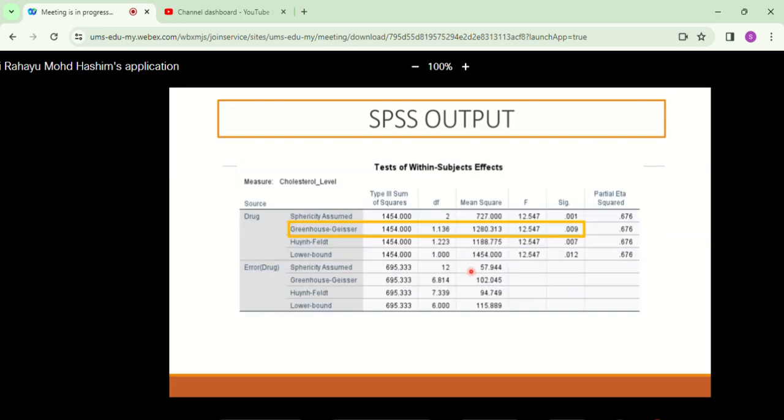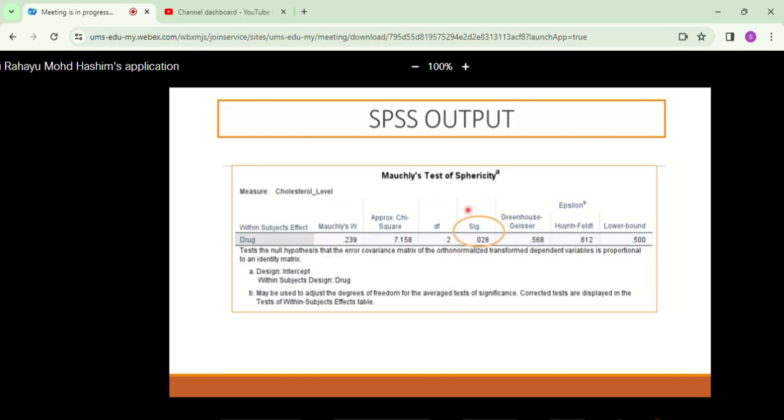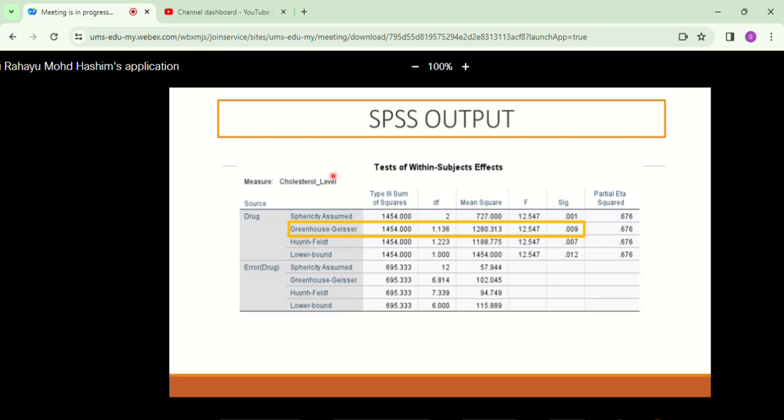Now since the sphericity is not assumed, in testing the main effect we need to choose Greenhouse-Geisser instead of the first one. So we will use the second p-value instead of the first one, because the first one is under sphericity assumed, but unfortunately ours is not.